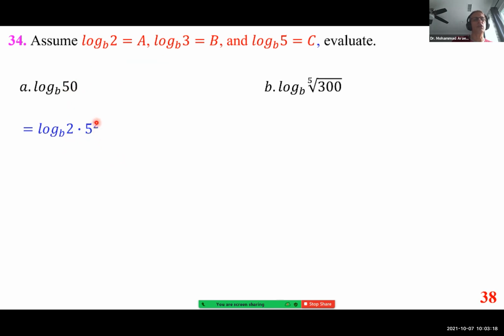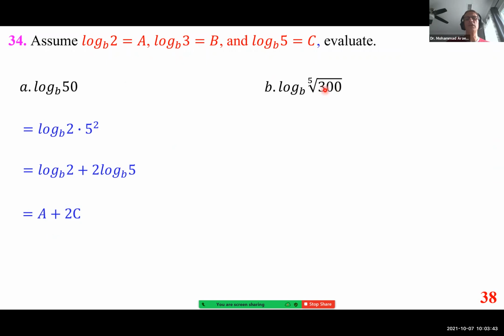And of course, makes it 2 log 5. And we keep the same base. As I mentioned, even if I don't mention base B, because the original one had B, we keep it. And now log 2 base B is replaced. So is log 5 base B. So we have A plus 2C, and we are done. So it's all a matter of factoring.